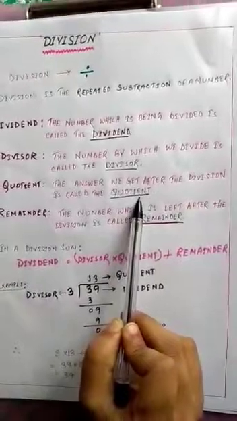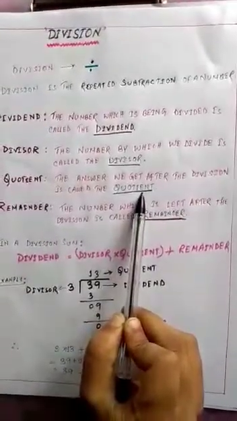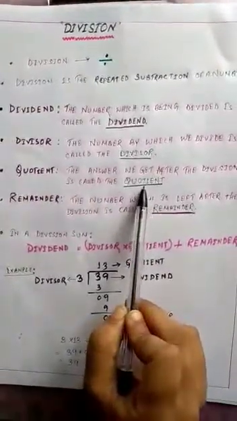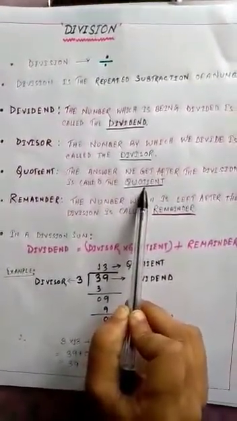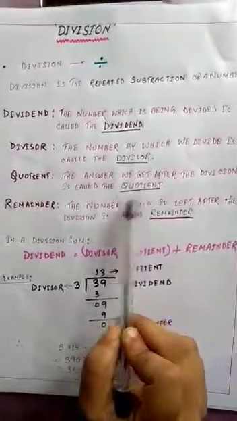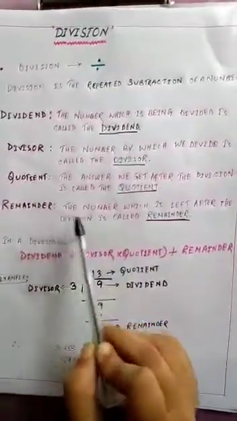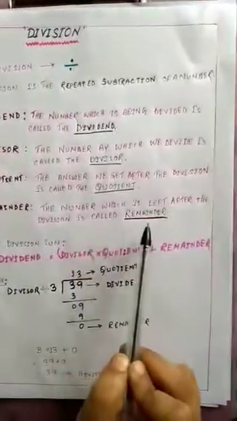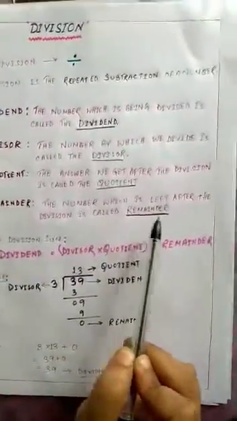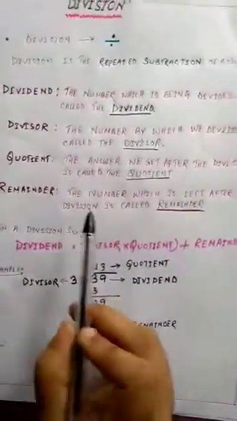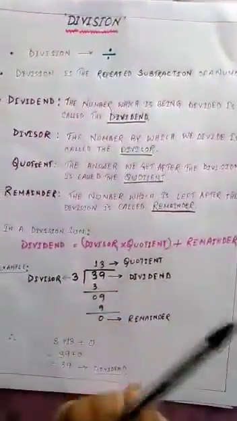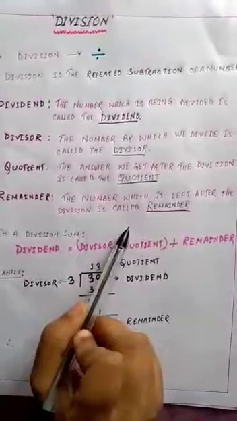The number which is left over after the division is called the remainder.